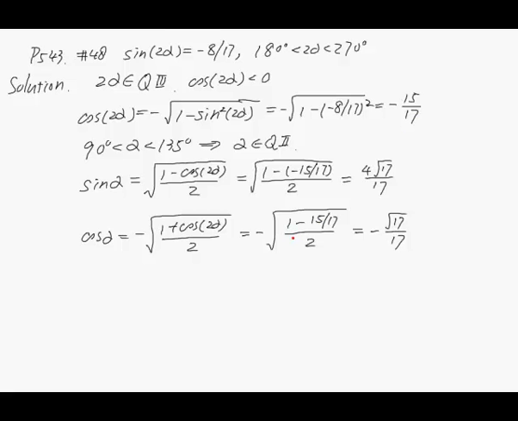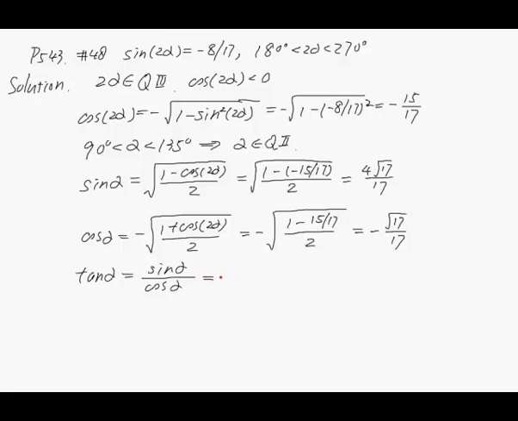Okay. So now after you find the sine alpha and cosine alpha, then it's easy to find the other several function values at alpha. Let's get the tangent alpha. Tangent alpha is equal to sine alpha over cosine alpha.